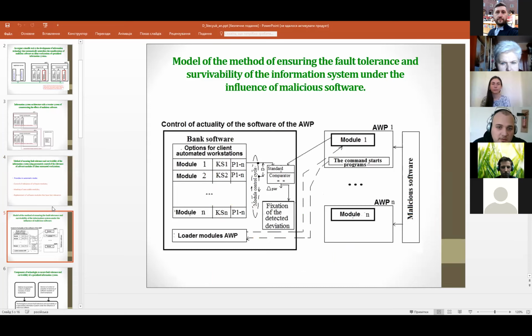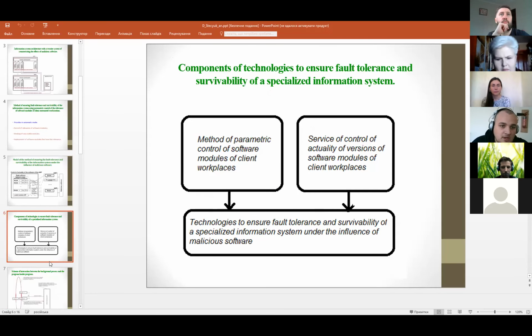Model of the method of ensuring the fault tolerance and the survivability of the information system under the influence of malicious software. Component of technology to ensure fault tolerance and survivability of the specialized information system.